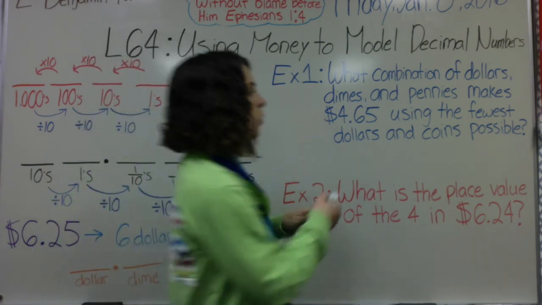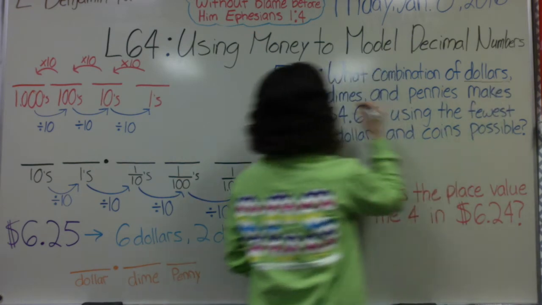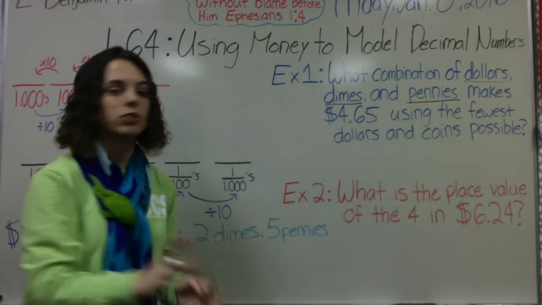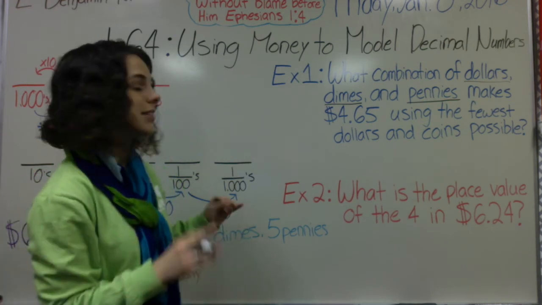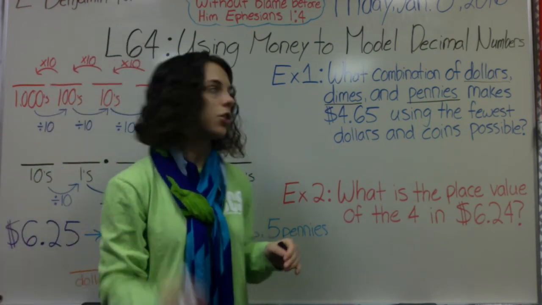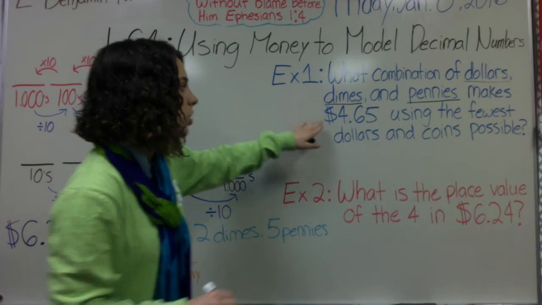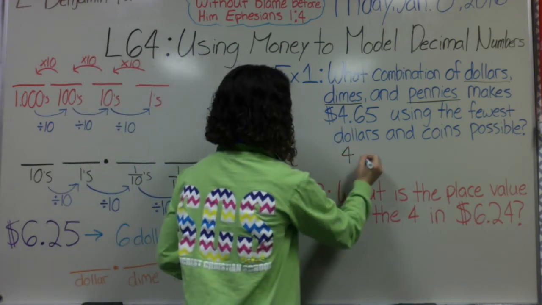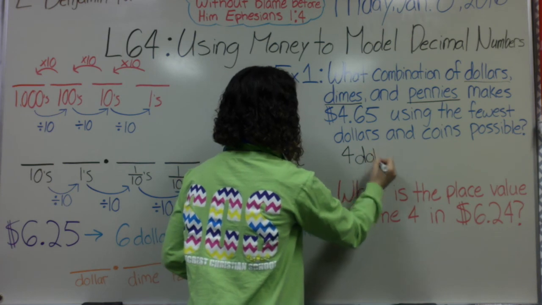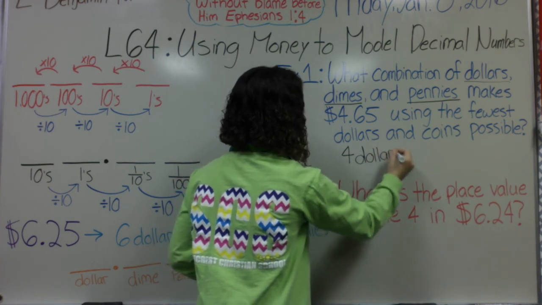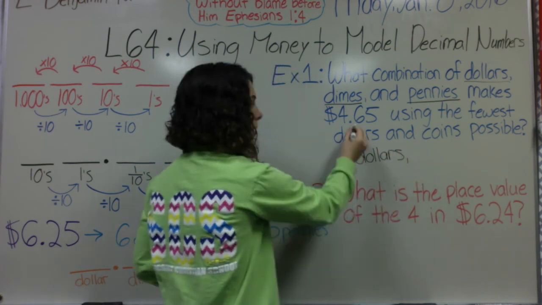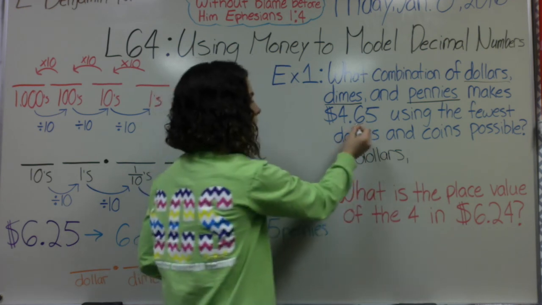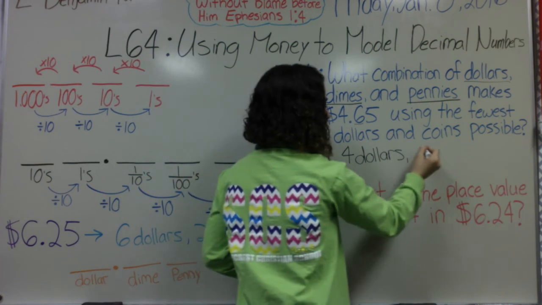So again, we're using dollars, dimes, and pennies. We're leaving quarters and nickels out. Not even going to use those because they don't represent the place value like dimes and pennies do. So I would have $4 bills. So I'll put $4. Then how many dimes would I need? This is my tenths place. So I'm going to have 6 dimes.